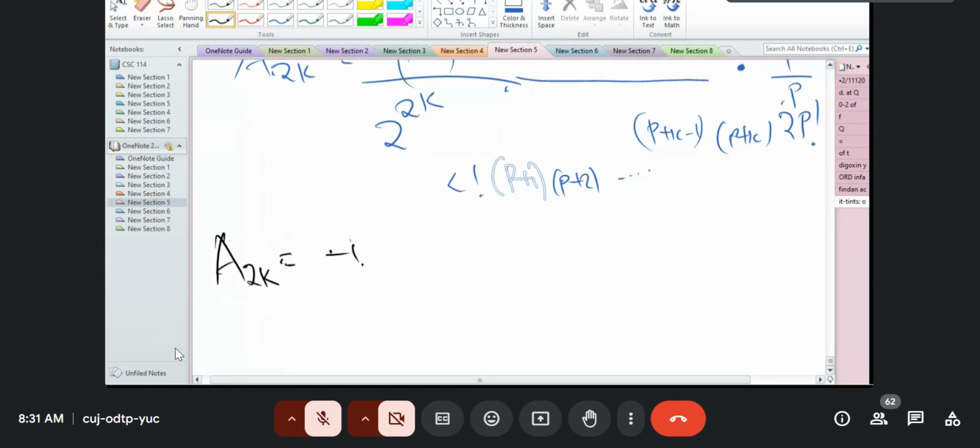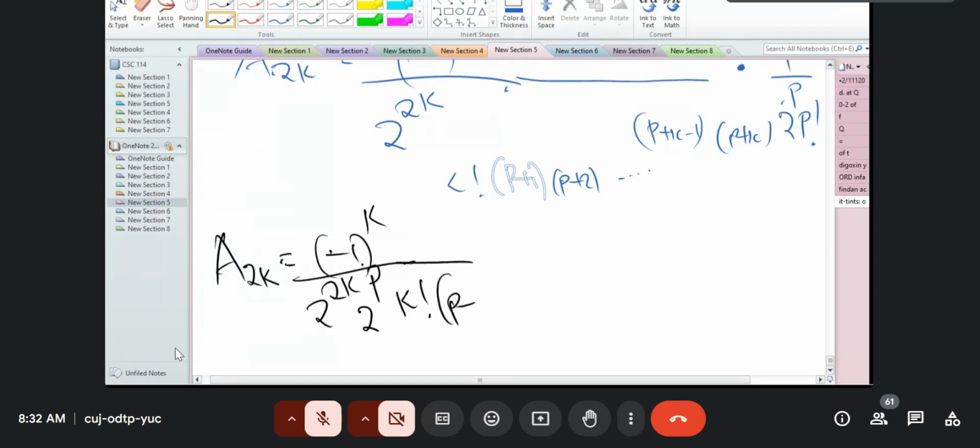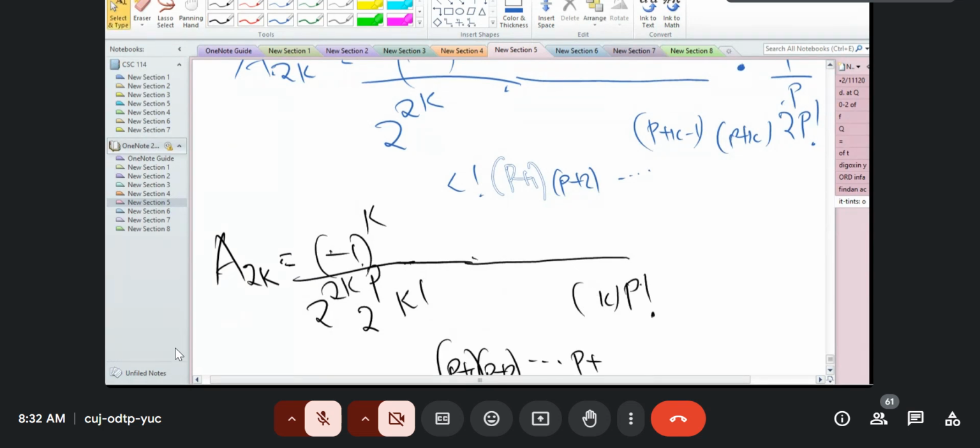This is minus 1 raised to power k over 2 raised to 2k. We can bring the 2 raised to power p here. We have k factorial. We have p plus 1, p plus 2, all the way to p plus k. Then we have a p factorial here. 2 raised to power 2k, 2 raised to power p.